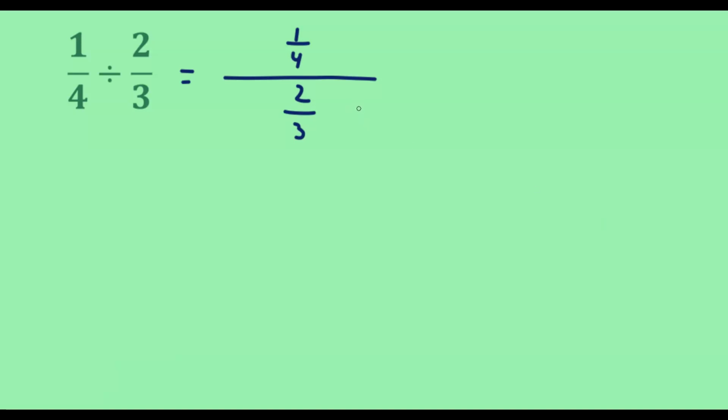Now, the numerator of 2 over 3 is 2, so we write 2 in the denominator of the new fraction, and the denominator of 2 over 3 is 3, so we write that in the numerator of the new fraction. So the reciprocal of 2 over 3 is 3 over 2, and we're going to multiply these two numbers. Now, we want an equivalent fraction, so in the numerator, we're going to have to multiply by that same number, 3 over 2. So this is what we get.